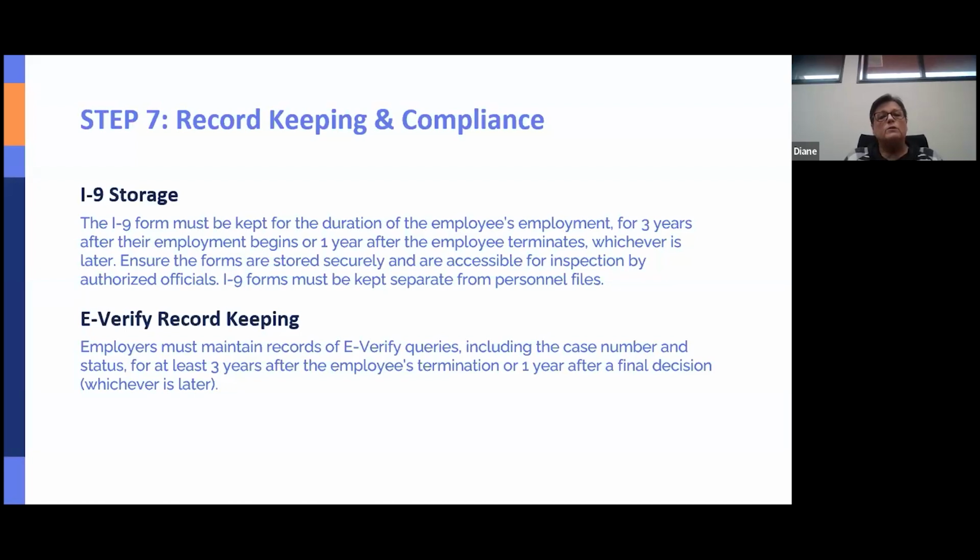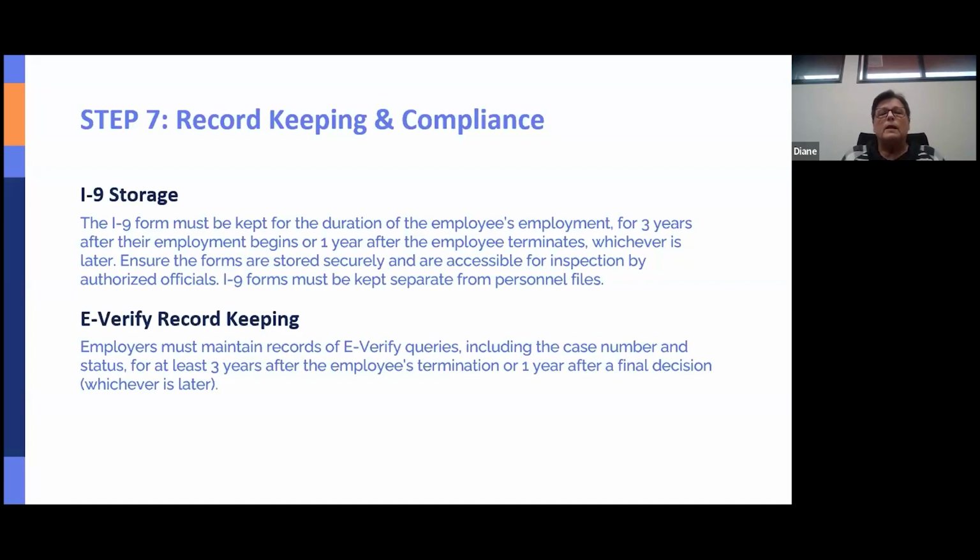Ensure the forms are stored securely and are accessible for inspection by authorized officials if anybody asks or comes knocking on your door. And I-9 forms must be kept separate from personnel files.